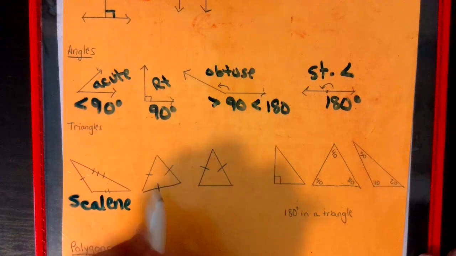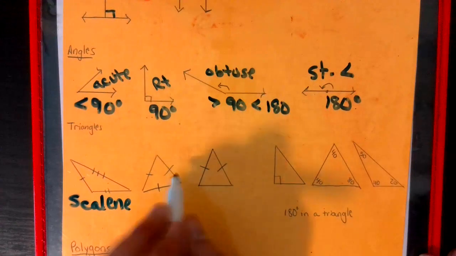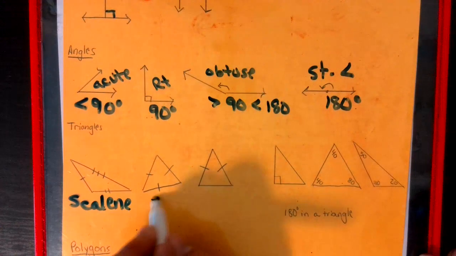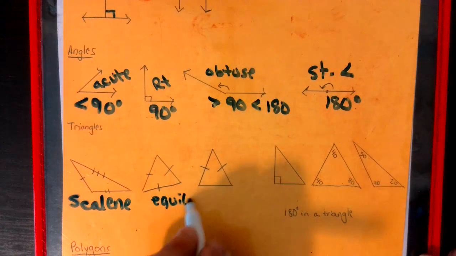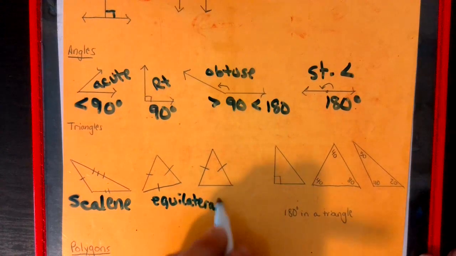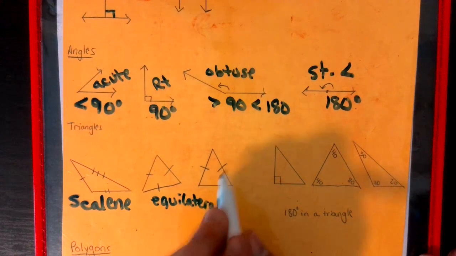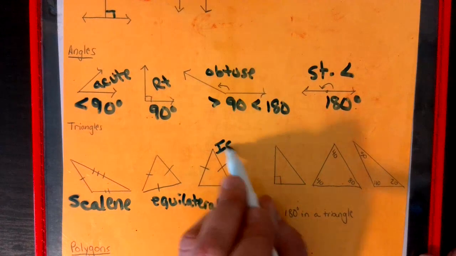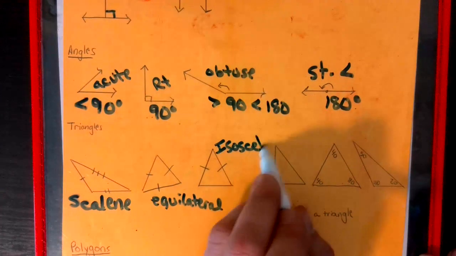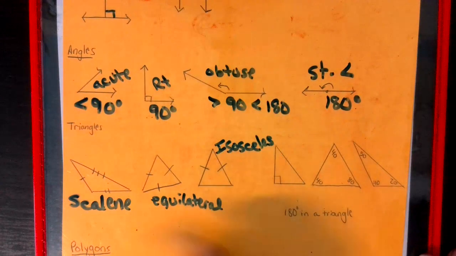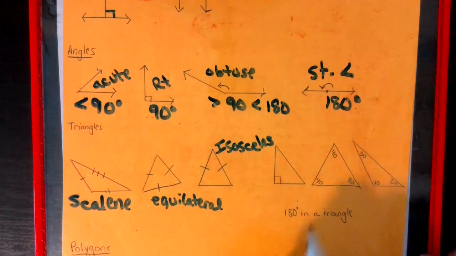This has one tick on each side. That means they are all the same, so this is equilateral. Okay? This has two sides that are the same. This is known as isosceles. Okay? An isosceles, an equilateral, or a scalene.